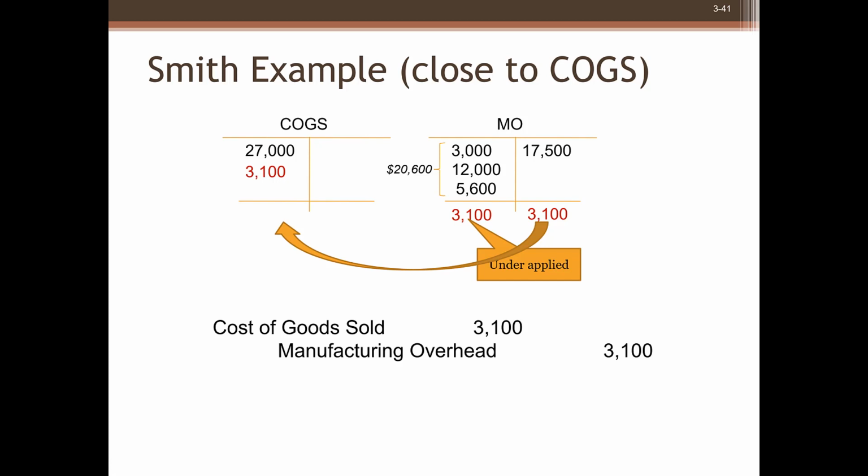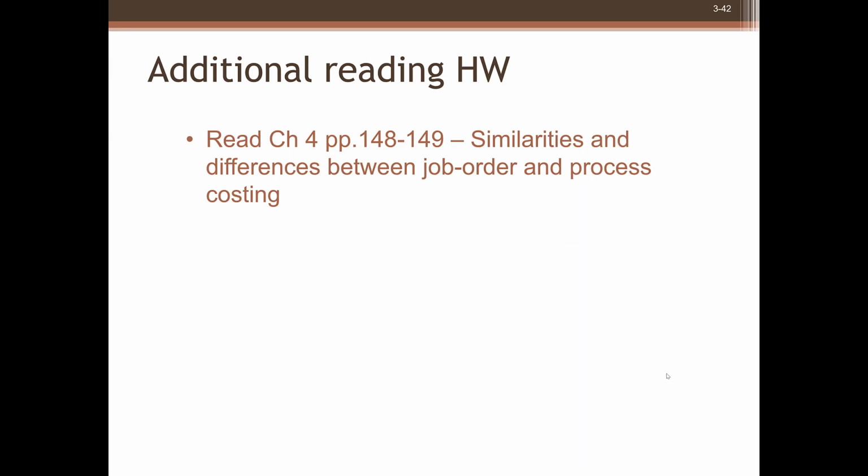Okay, this is Chapter 3. Chapter 4 introduces a new costing system, process costing. We will skip the chapter, but please read these 2 pages, page 148 and 149. It talks about the similarities and differences between job order and process costing systems.